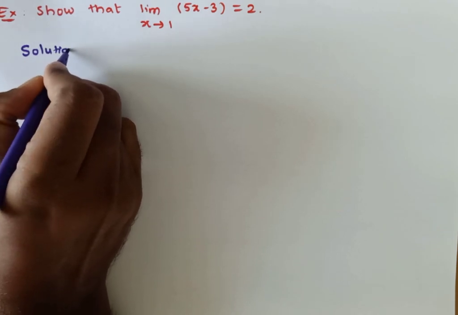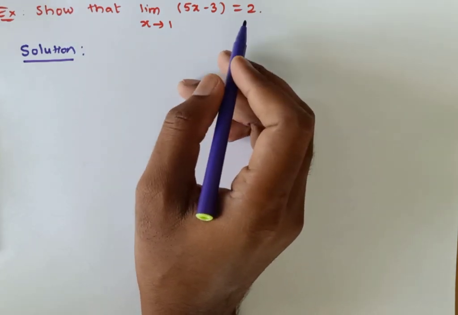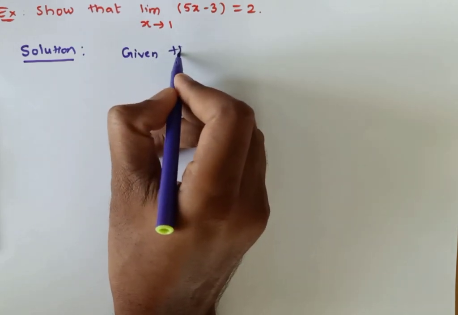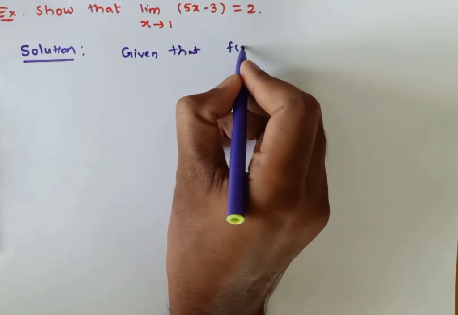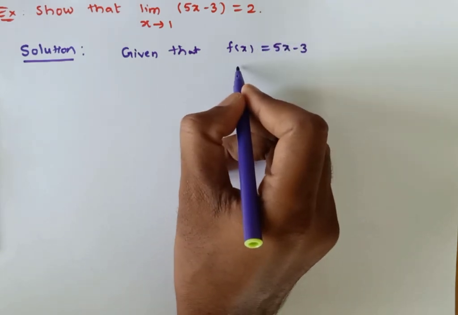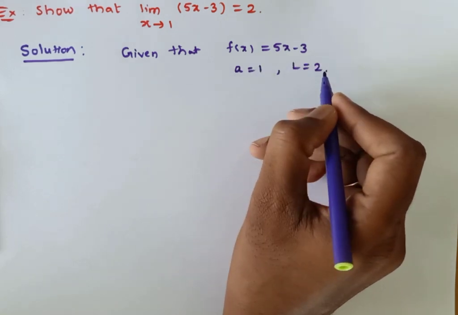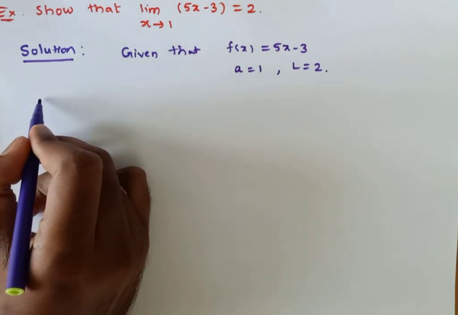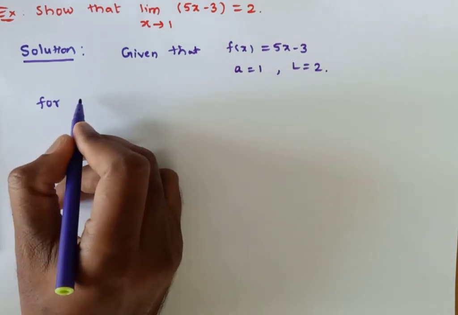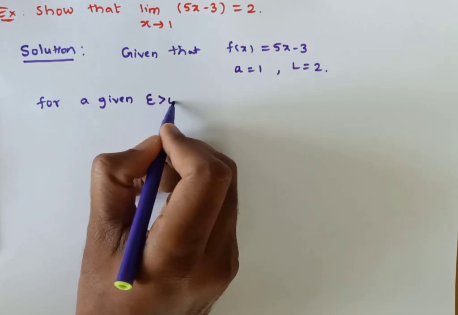Compare the given limit with the general form, limit as x tends to a of f of x equals L. What is given? f of x is 5x minus 3, a is 1, and L is 2. Now, what is our formal definition? Write down the formal definition for the given function. For a given epsilon greater than 0.